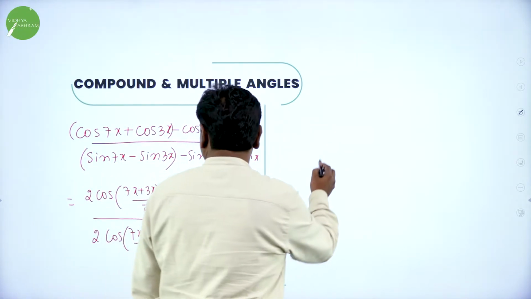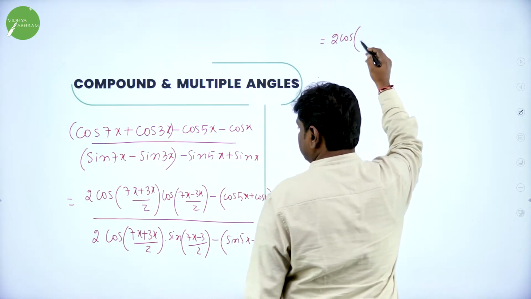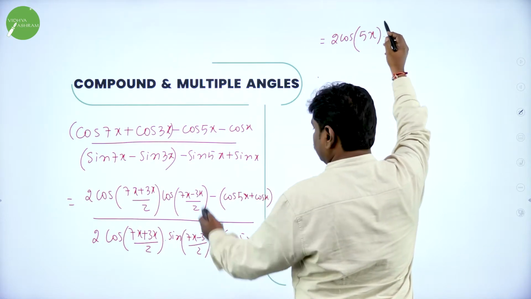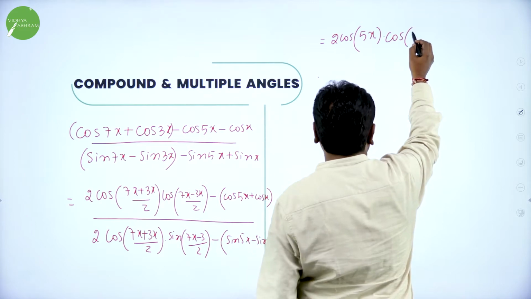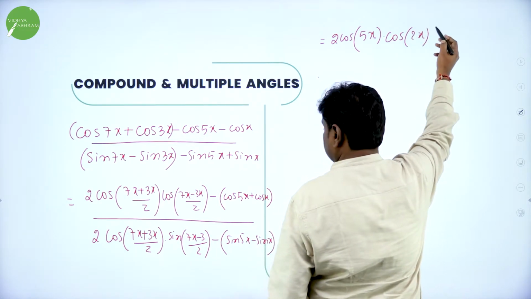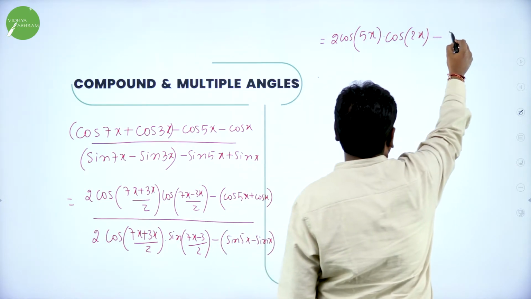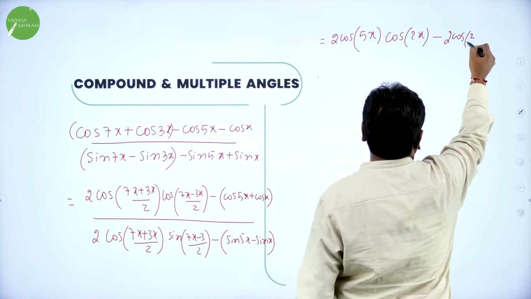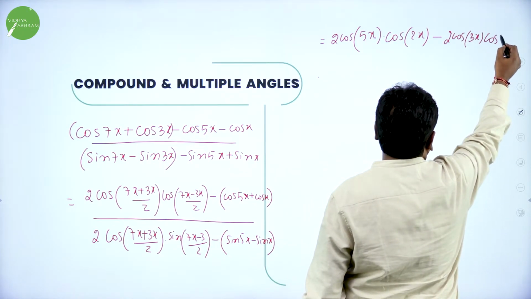Further simplify. If you simplify, the numerator is 2 cos (C plus D)/2: 7 plus 3 is 10, 10 by 2 is 5x, into cos (7 minus 3)/2, 4 by 2 is 2x, minus cos C plus cos D. Cos C plus cos D is again 2 cos (C plus D)/2: 5x plus x is 6x, 6x by 2 is 3x, into cos (C minus D)/2, it will be cos 2x.